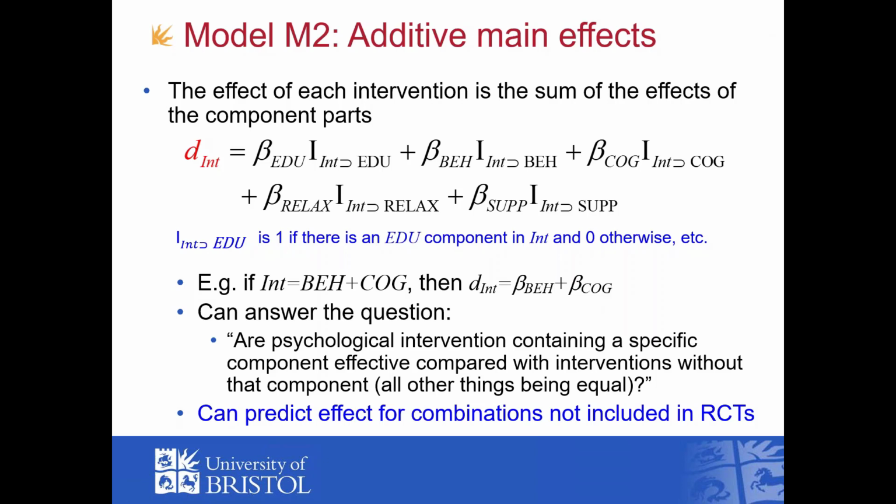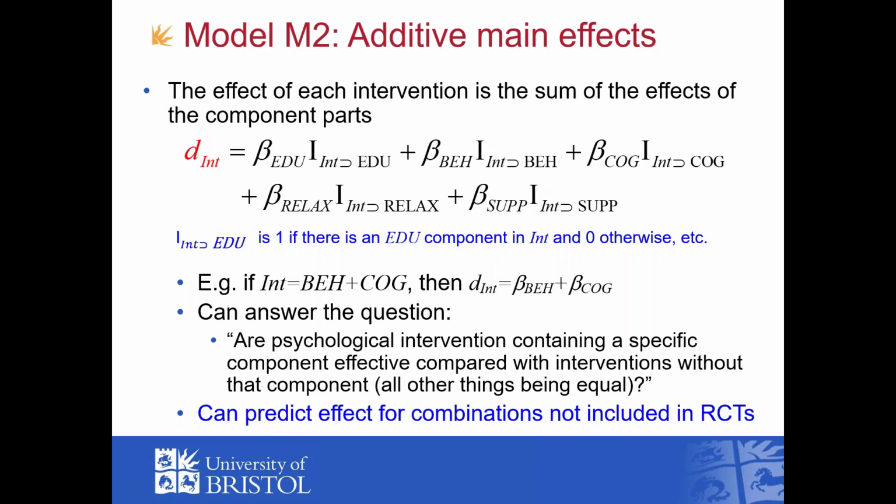And this model allows us to answer a slightly more refined question. It can help us answer: are psychological interventions that contain a particular component effective compared with interventions that don't have that component, as long as all other things are equal? So the added educational component would be assumed to be the same regardless of whether the other intervention had behavioural or cognitive or support, for example.